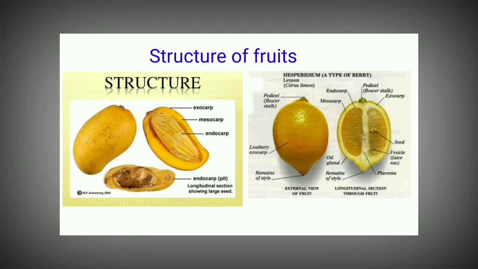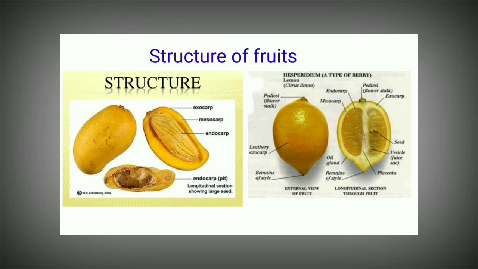The mesocarp in the case of the mango is quite juicy and fleshy, whereas in the case of the lemon, it is generally in the form of white aggregate, which is also called the rind. And the endocarp in mango is a membranous fiber-like structure, whereas in the lemon, it is in the form of capsules inside it.